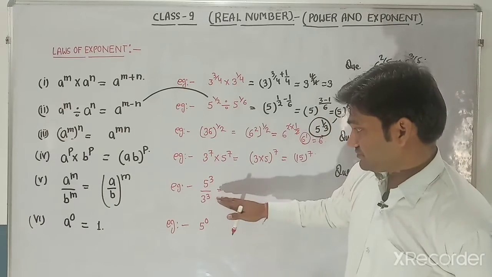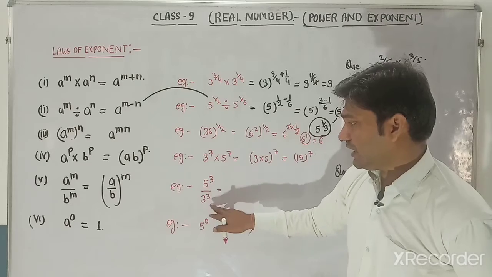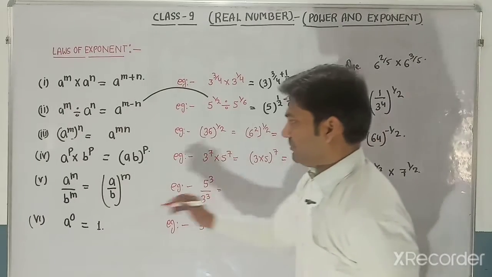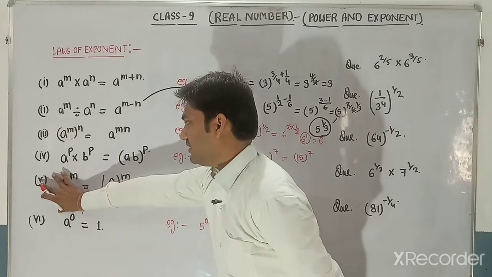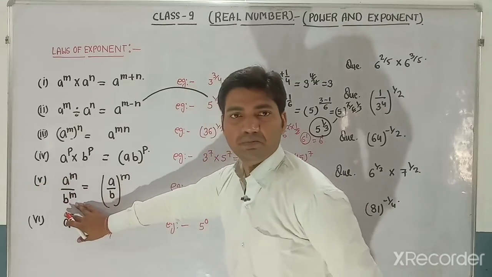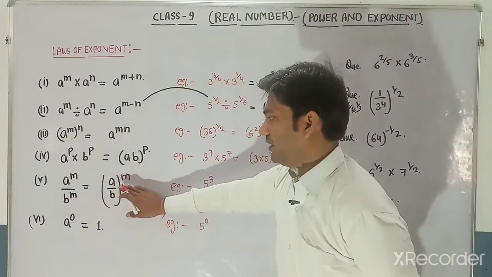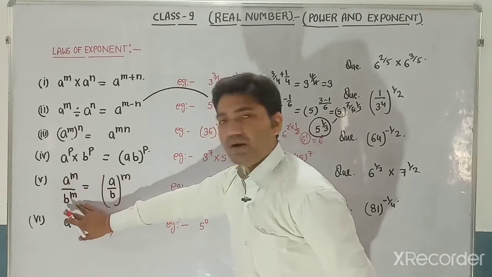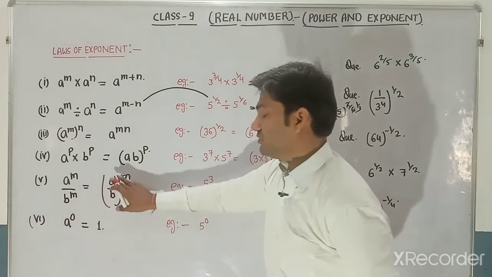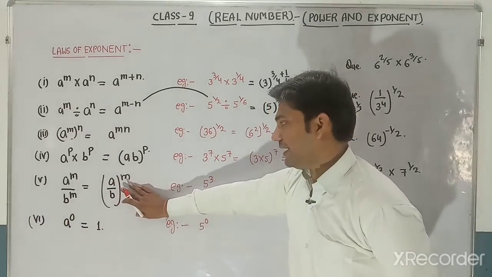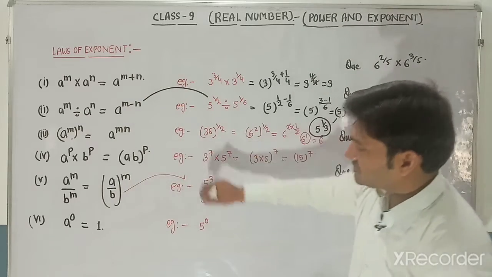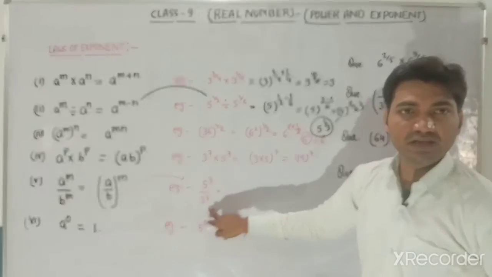Next question: 5 power 3 upon 3 power 3. How do we judge this question? It follows the same pattern of the laws of exponents: a power m upon b power m is equal to a upon b whole power m. This formula applies to this question, 5 power 3 upon 3 power 3.